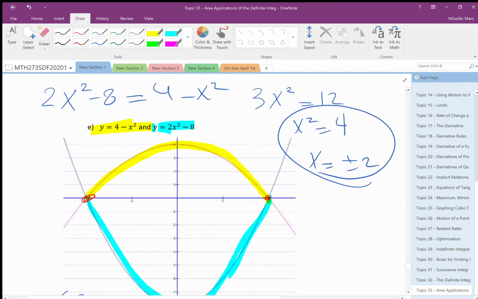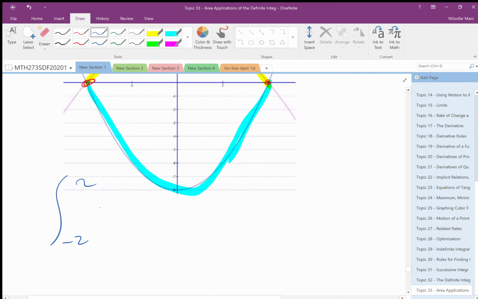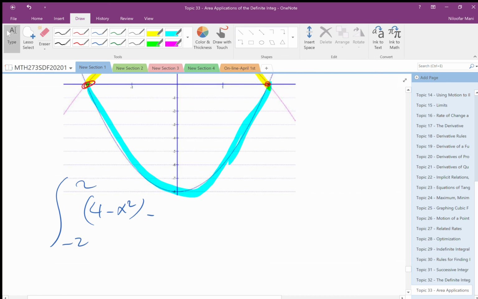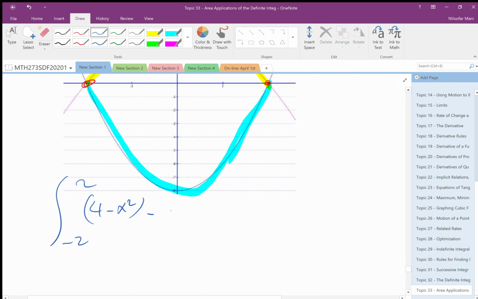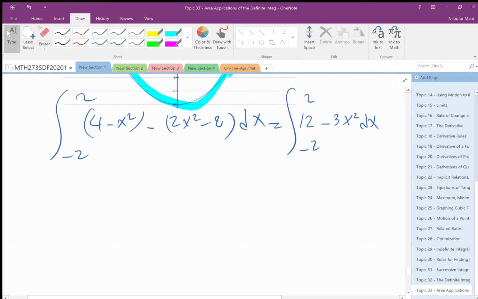Which one is up? 4 minus x squared minus 2x squared minus 8. Simplified, it's the integral from minus 2 to 2 of 4 minus x squared minus 2x squared plus 8, so 12 minus 3x squared dx. Okay, good job. Right? So here you have to find the answer, and then done.